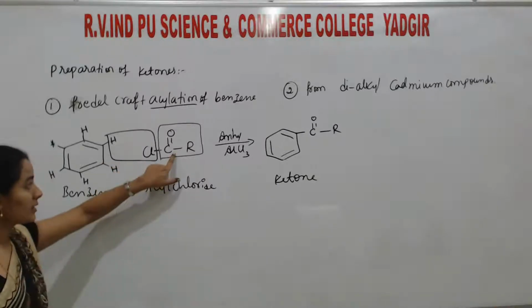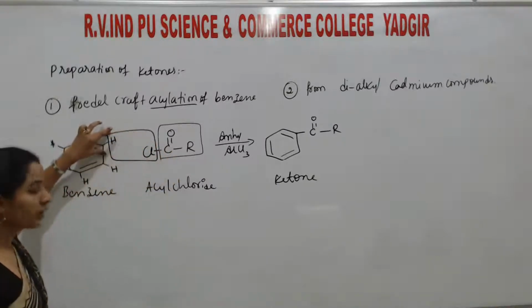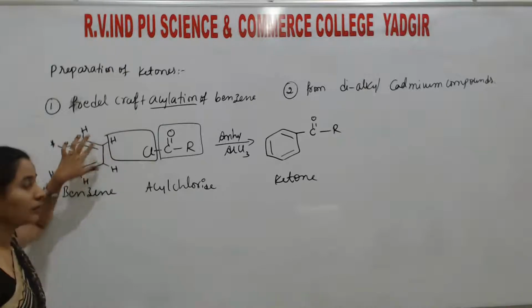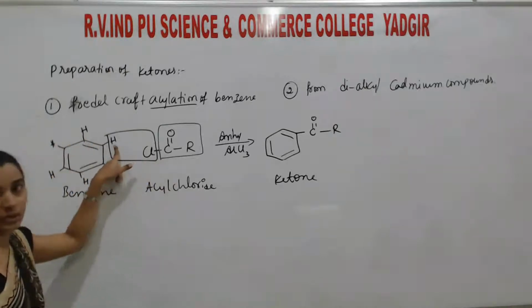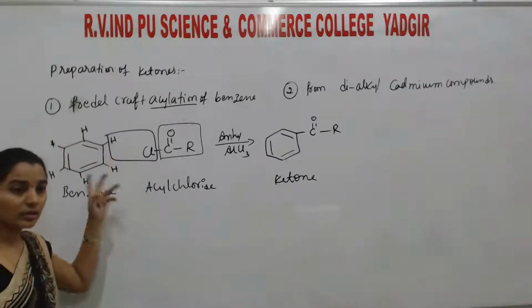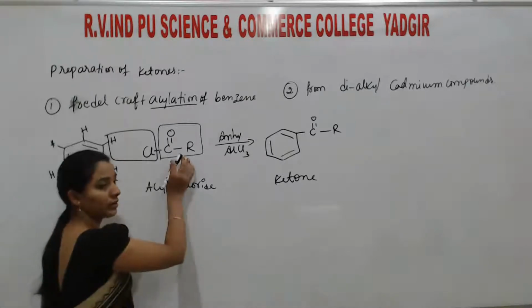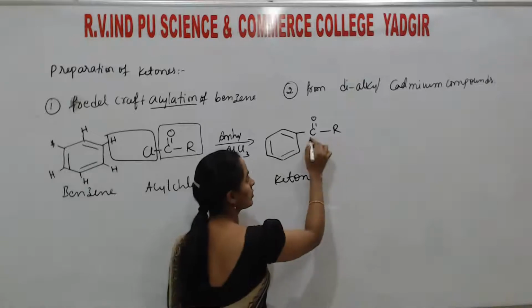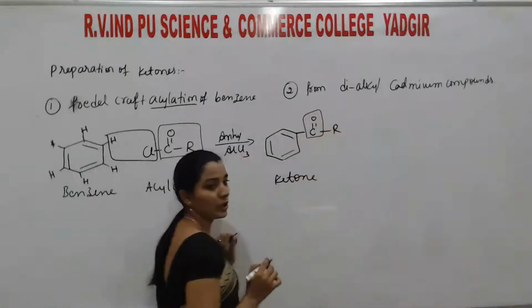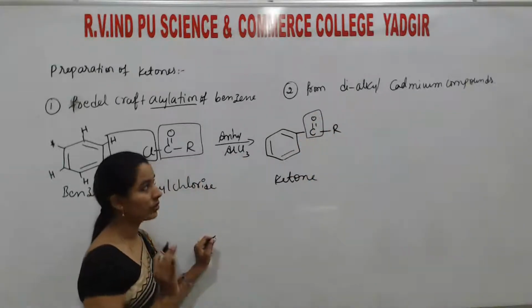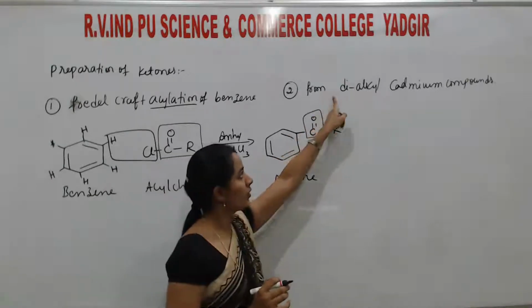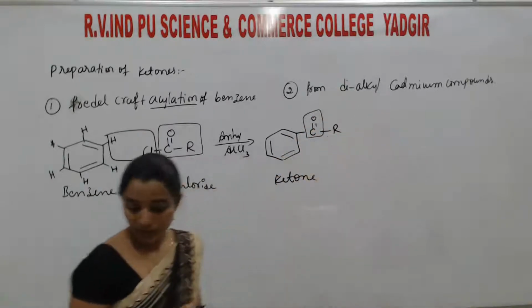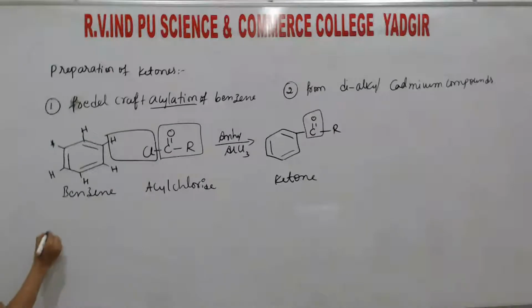What happens here is this acyl group bonds to this benzene ring, which means it displaces this hydrogen. The substitution of the acyl compound takes place. This group is the ketonic group. So that is ketone. Another one is from dialkyl cadmium compounds. That is the second.